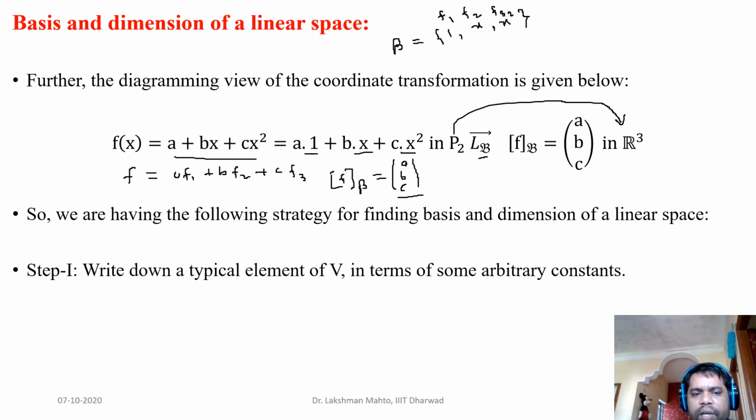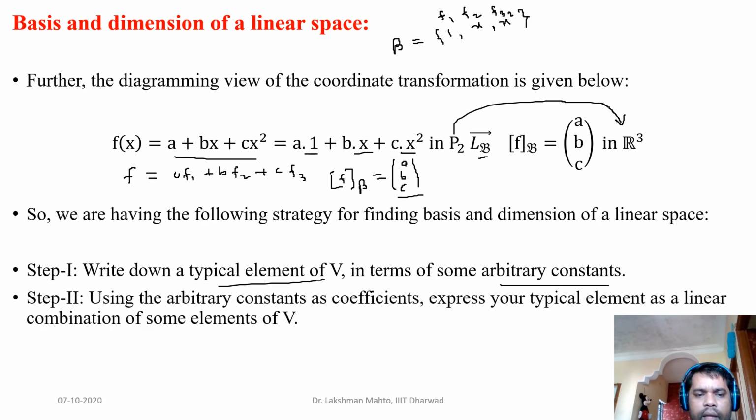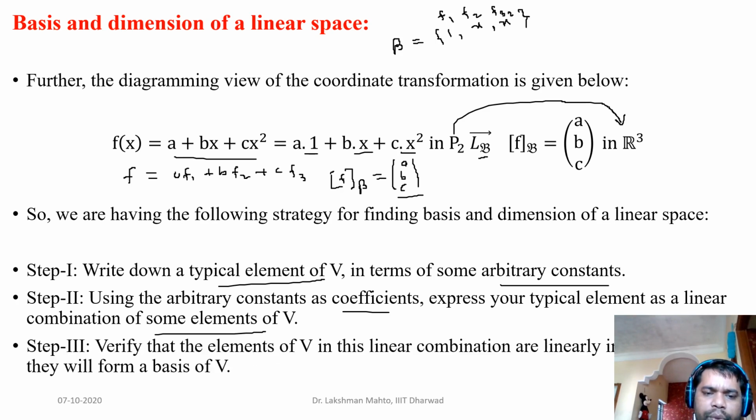So we have the following strategy for how we can find this. To find a coordinate vector or coordinate transformation for a given vector space, we need to write down a typical element of V in terms of some arbitrary constants. Then in step 2, using those arbitrary constants as coefficients, we have to express our typical element as a linear combination of some special elements of the given vector space, and we have to verify that those special elements happen to be linearly independent and form a basis of the vector space.